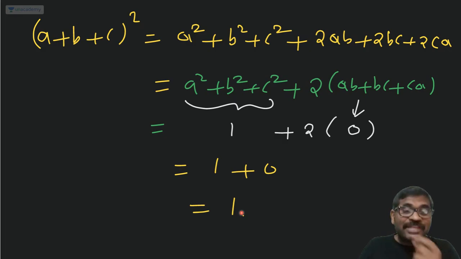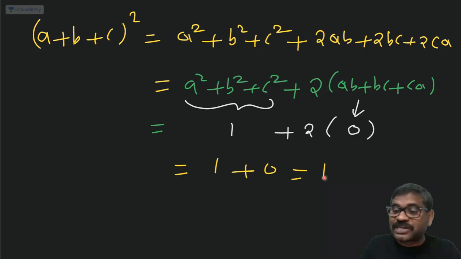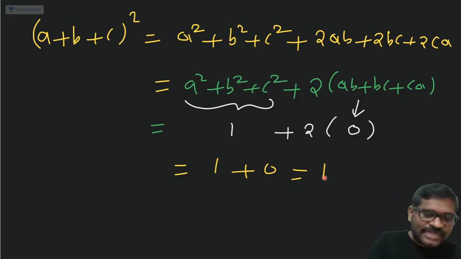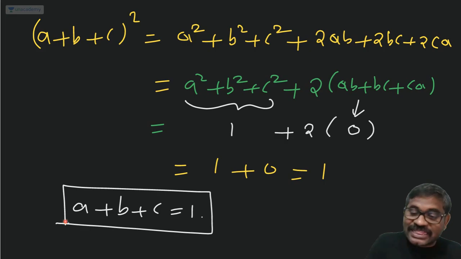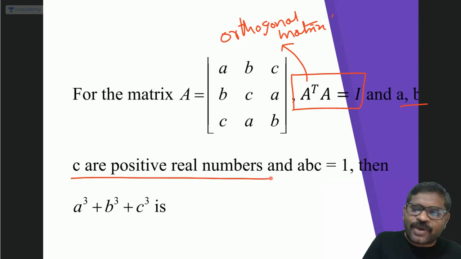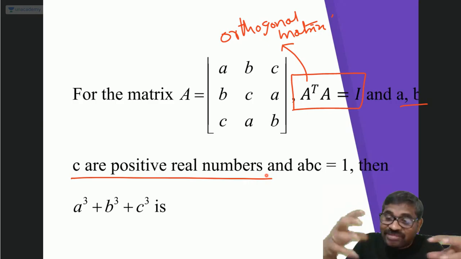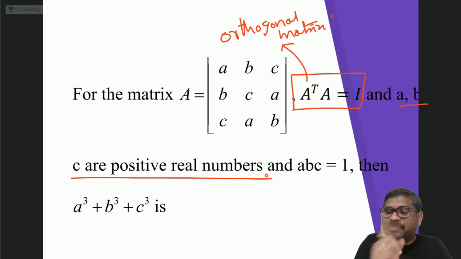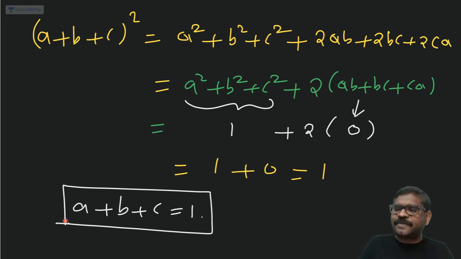Sir, a plus b plus c whole square equal to 1 matlab a plus b plus c equal to plus or minus 1. Yes, your logic is right. But I am considering only plus 1 because in the statement it is given that a, b, c are positive real numbers. If you add 3 positive real numbers, you will get only a positive real number. That's why I have written 1 only. Understood?